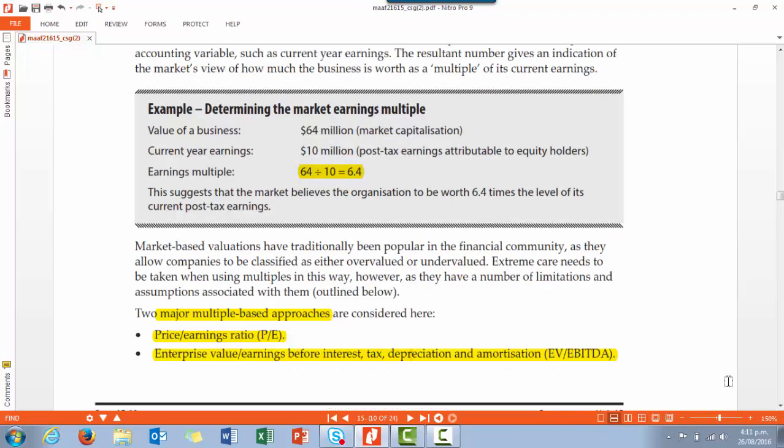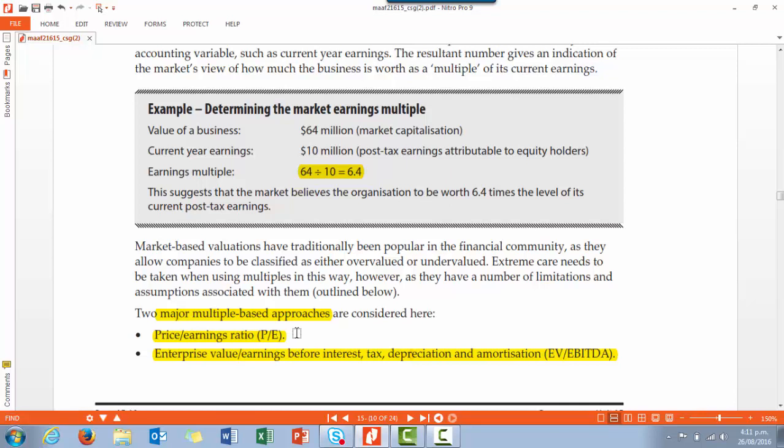There are two main multiplier-based approaches we're going to look at here. One is the price-earnings ratio. That's the share price, the current market price of the share, divided by the earnings per share. The second one we'll look at is the enterprise value, the value of the business as a whole, the market value of it, divided by earnings before interest, tax, depreciation, and amortization.